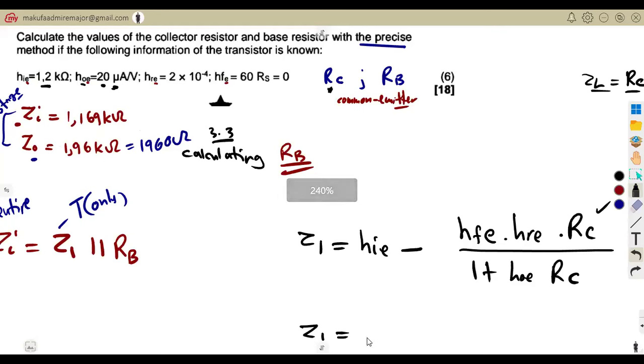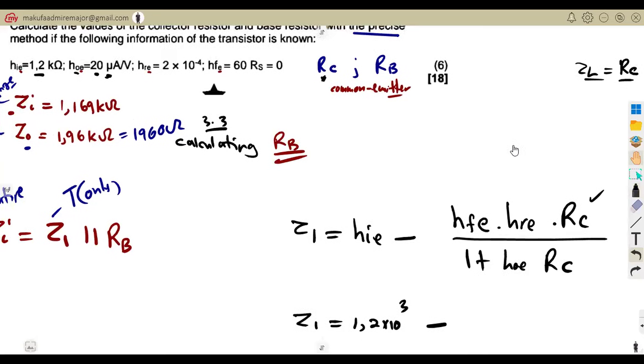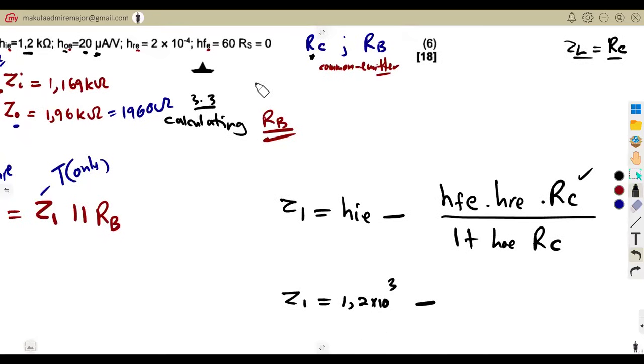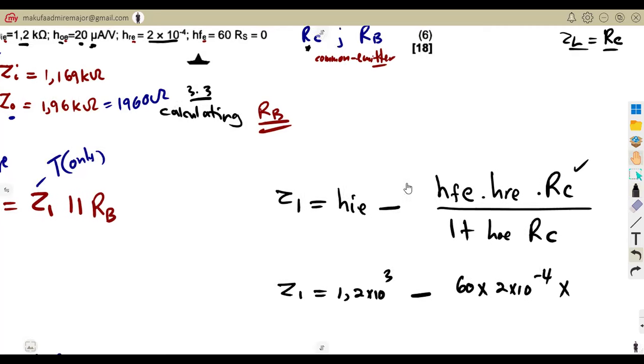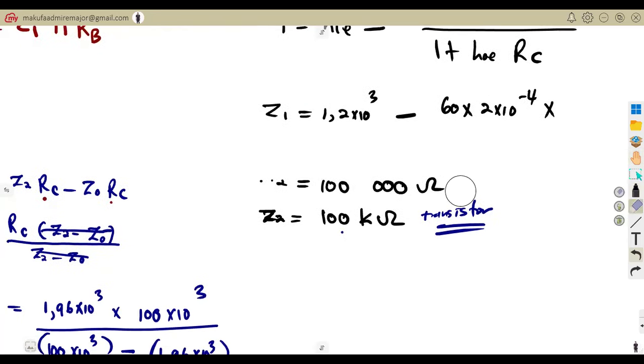Your HI is given, common emitter there, 1.2 times 10 to the exponent of 3, minus your HF. Your HF is given, that is 60, times the reverse, HR, that is also given, 2 times 10 to the exponent of minus 4, times your RC, the one that you calculated. That is the one you're referring to as your ZL.